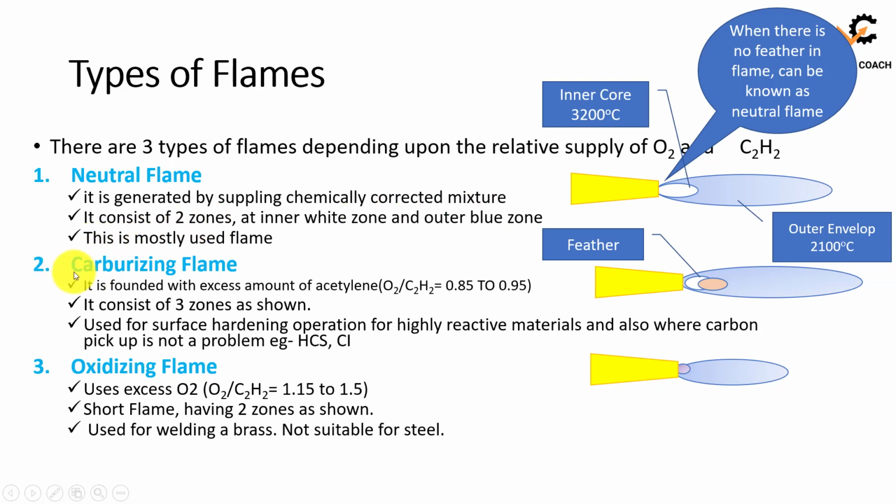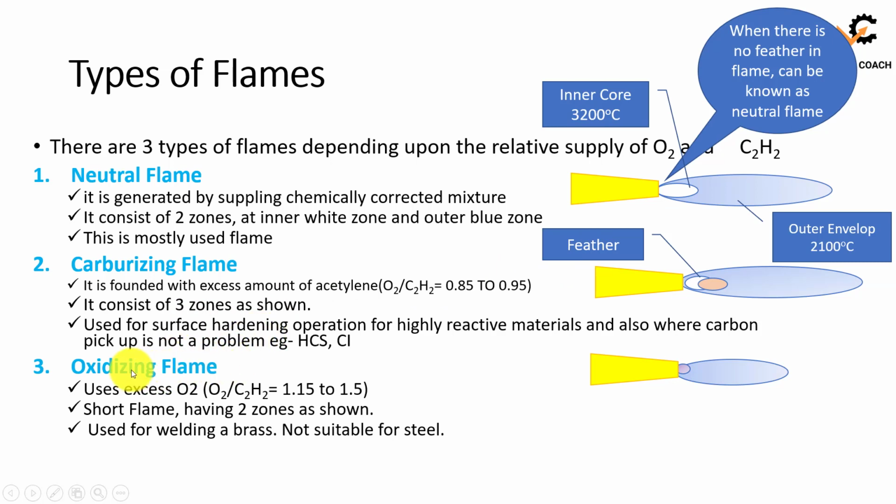The second one is the carburizing flame. In this, an excess amount of acetylene is used and their ratio is 0.85 to 0.95, as shown here. It consists of three zones, as shown in the side figure. This kind of flame is mostly used for hardening operations only.